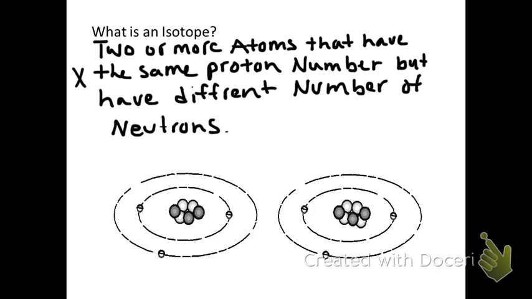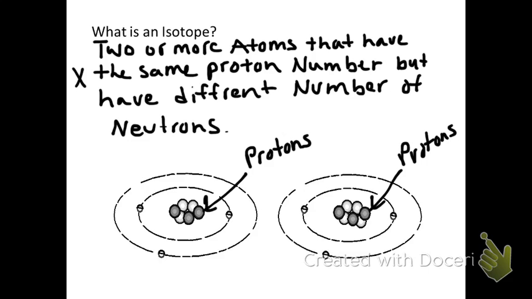The protons in this case are represented by the black circles in the nucleus. For each one of these atoms, how many protons does each atom have? If you said 3, you would be correct.